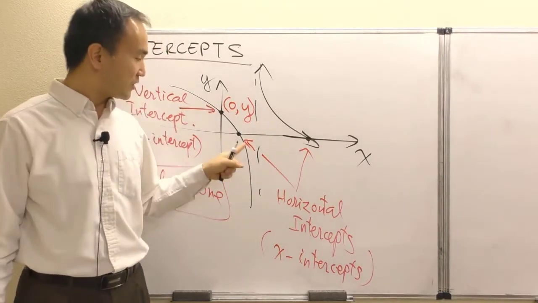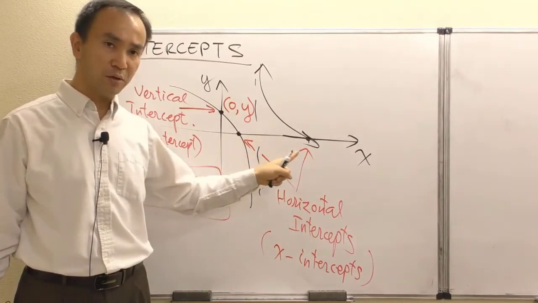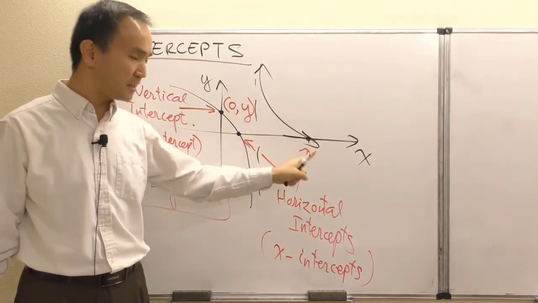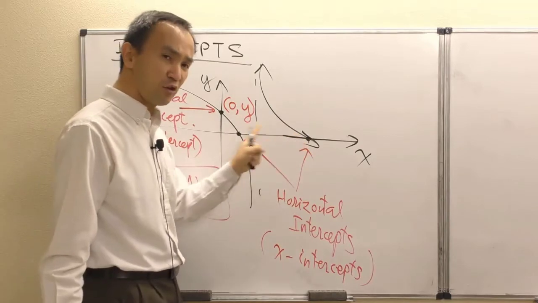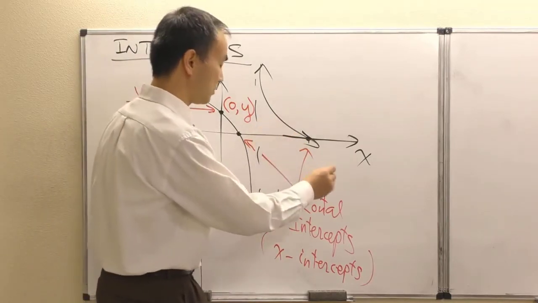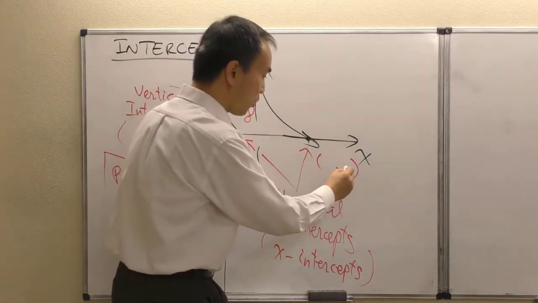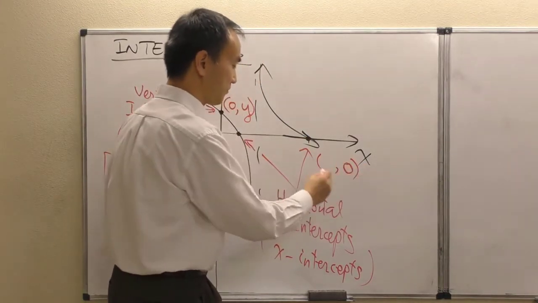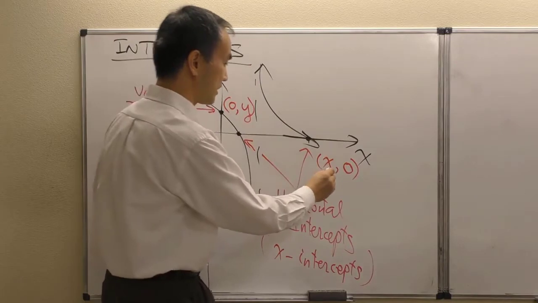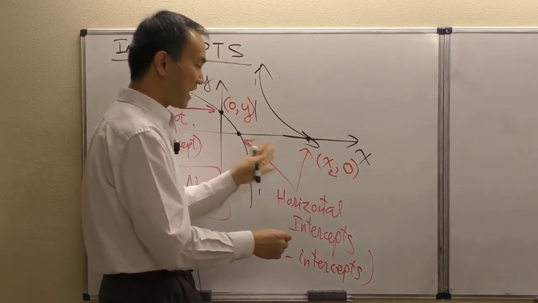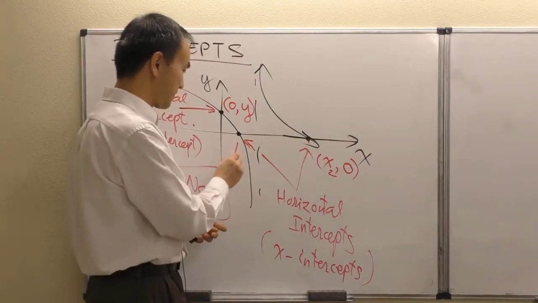Okay, and the same way, on any of these horizontal intercepts, the y value or the vertical coordinate has to be 0, and then the x value could be whatever. If there are multiple, then we label them x1, x2, okay?